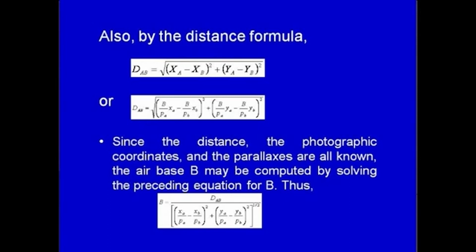Since the distance, that is the photographic coordinates, and the parallax are all known, the airbase B can be computed by solving the preceding equation for B. Thus, B can be expressed as distance A B on the ground divided by x A over P A minus x B over P B whole square plus y A over P A minus y B divided by P B whole square, and taking the under root of the same.